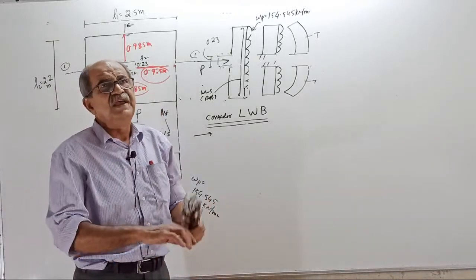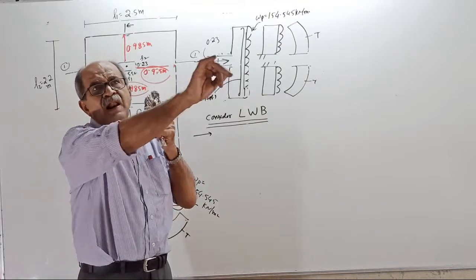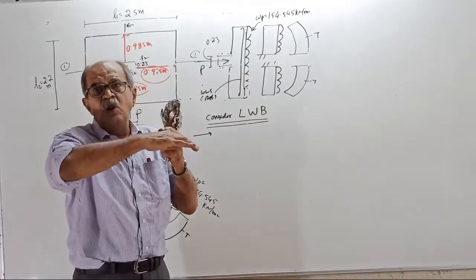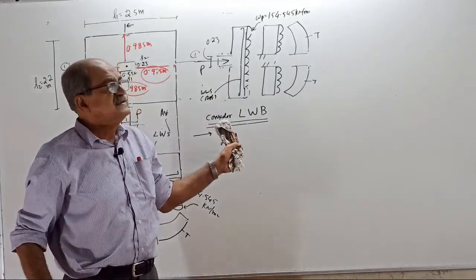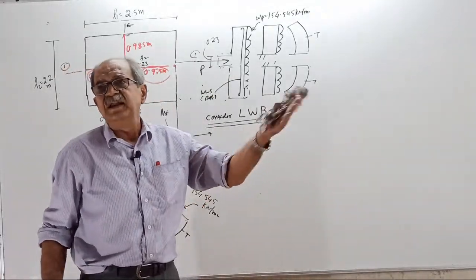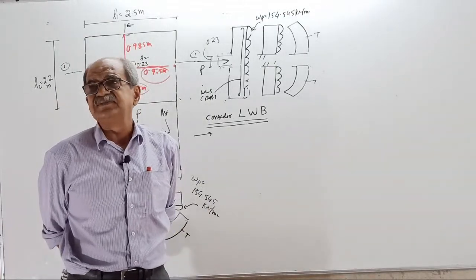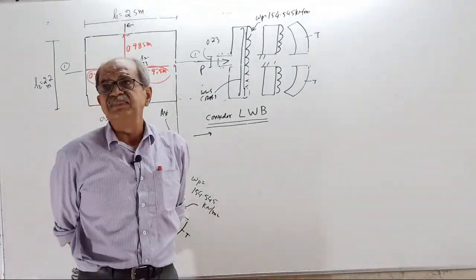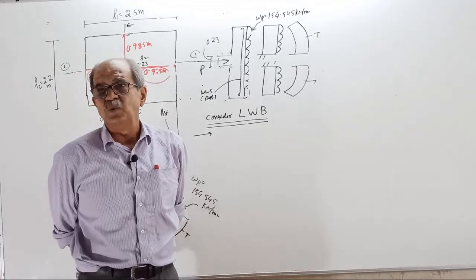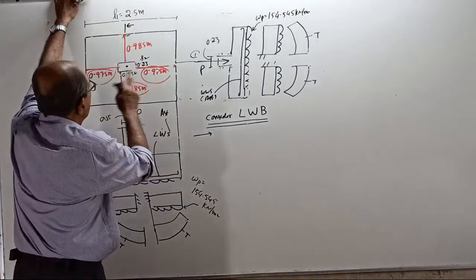Offset also matters. See, for a cantilever, more length means more bending, and more load means more bending. So sometimes it is possible that on one side the load is more but the length is lesser, and on the other side the load is lesser but the length is more. In such cases, you have to consider both sides.